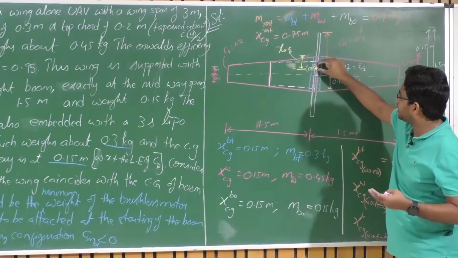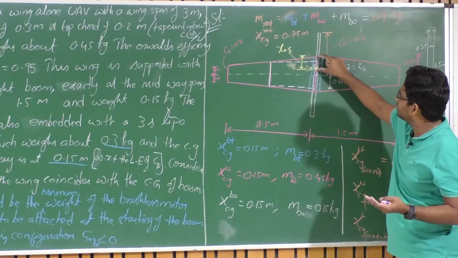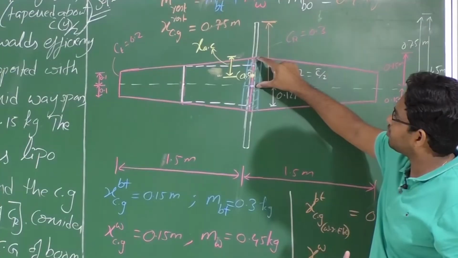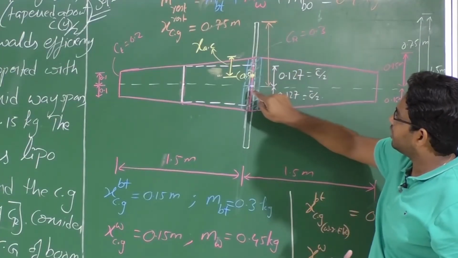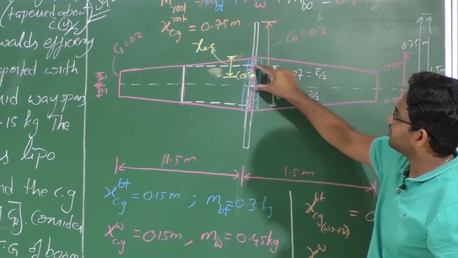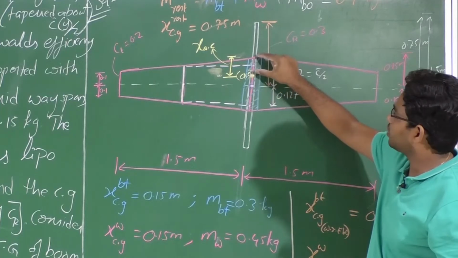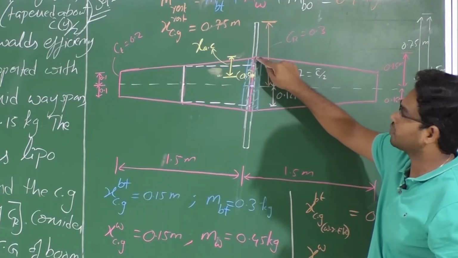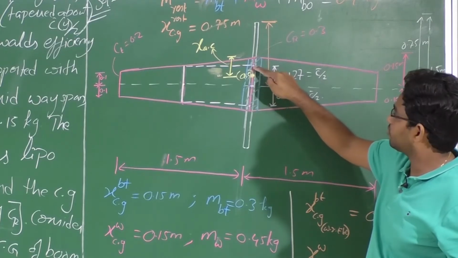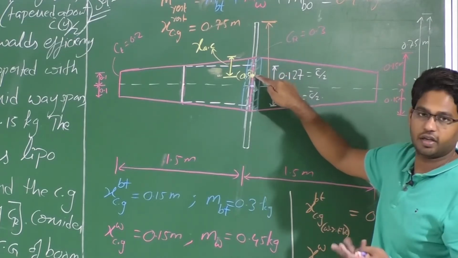Now, to find the location of the aerodynamic center with respect to the leading edge of the root chord, I have CR by 2, and I know C bar by 2 because this is tapered about the mid axis, so I subtract C bar by 2 from CR by 2. What I have reached with respect to the leading edge of the root chord is the leading edge of the mean aerodynamic chord. From there, 1/4 of the chord is my aerodynamic center.